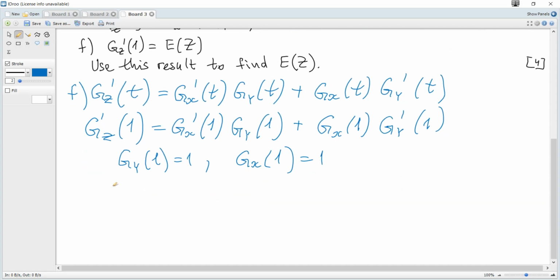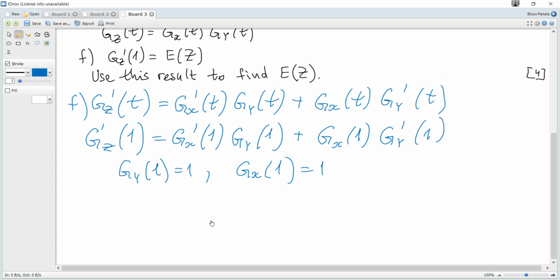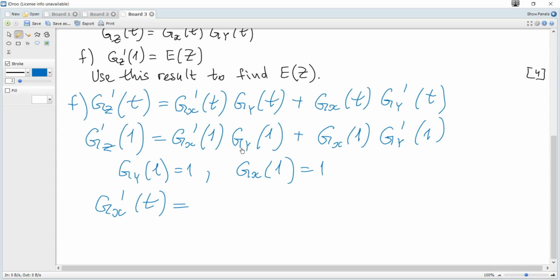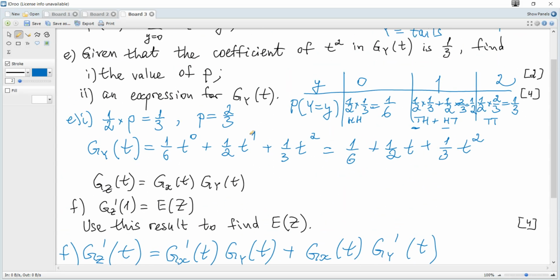Hence, let's write the derivative in terms of t firstly. So gx derivative of t is equal to what?